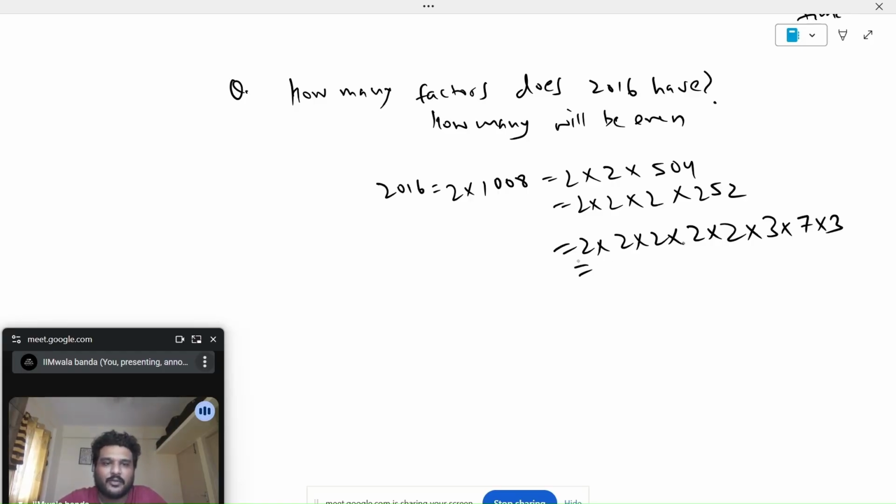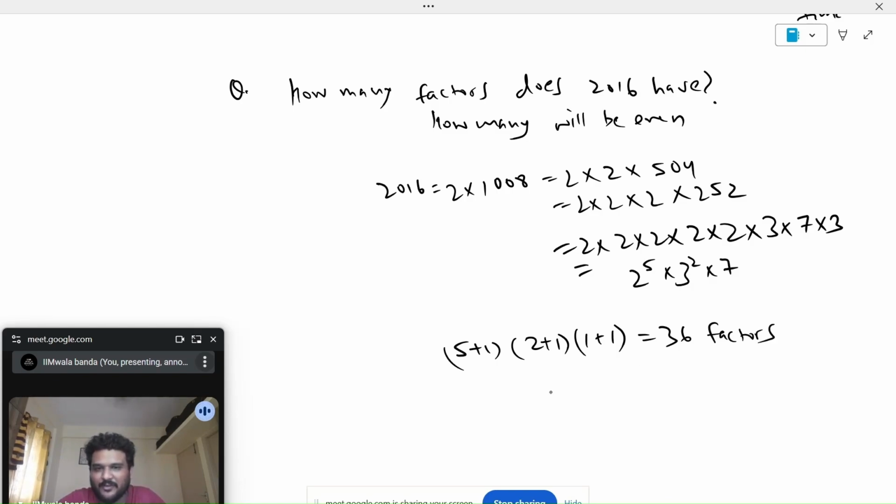So this is 2 to the power 5, 3 square, into 7. So this is 2016. So I know the number of factors is (5 plus 1) into (2 plus 1) into (1 plus 1), or 6 into 3, 18, into 2, 36 factors.